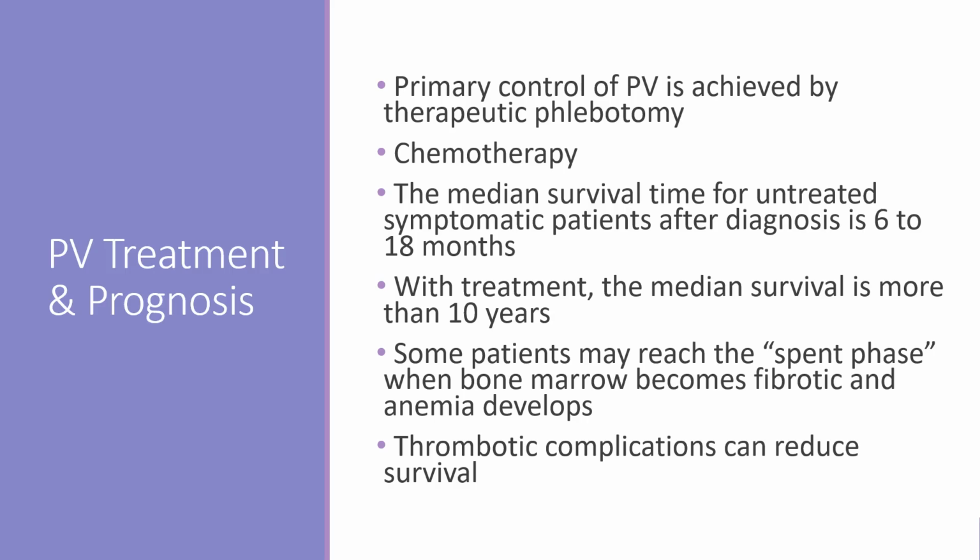All right, so polycythemia treatment and prognosis. In the case of polycythemia vera, which is our primary polycythemia, it is genetically influenced. The primary control of polycythemia vera is achieved by therapeutic phlebotomy.